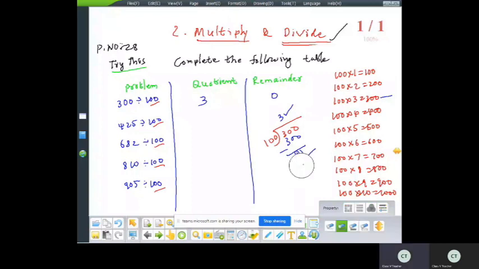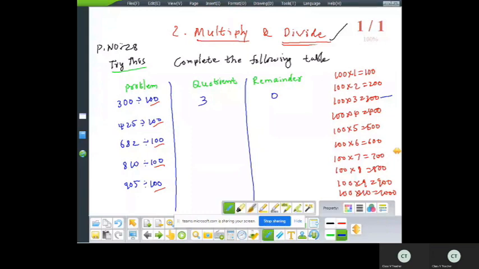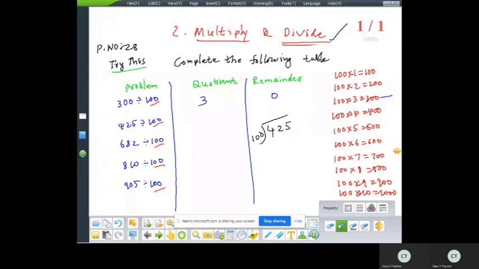Next problem, 425 divided by 100. 100 ones are 100, 100 twos are 200, 100 threes are 300, 100 fours are 400.